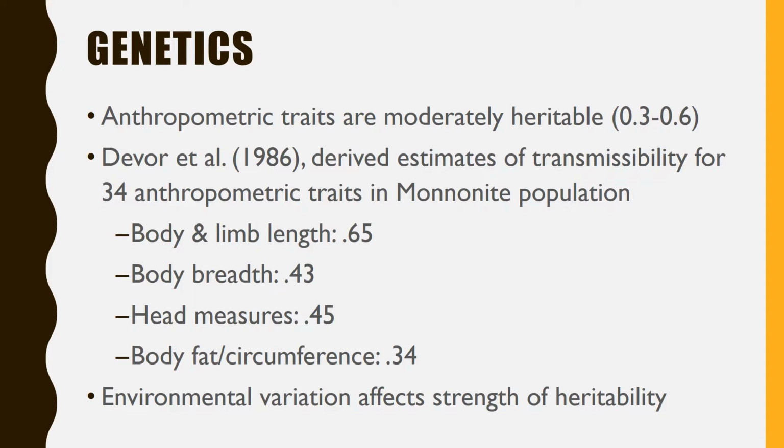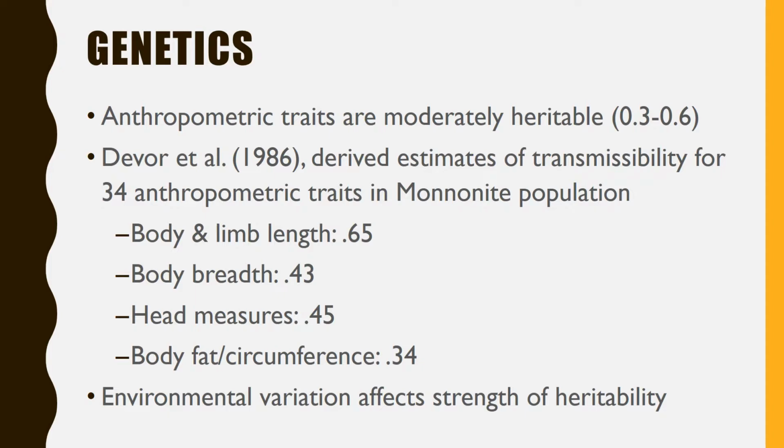In general, anthropometric traits show moderate heritability, typically in a range of 0.3 to 0.6. Of course, heritability is dependent upon the specific trait that we are referring to. So, for instance, measures of body fat and mass show lower heritability than traits that are related to craniofacial measures.